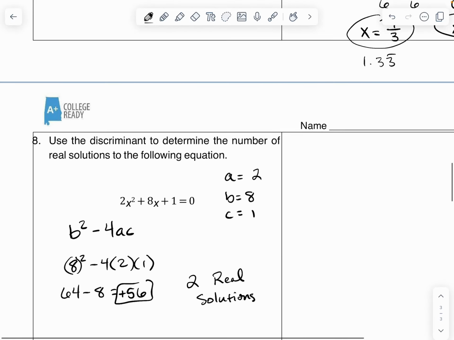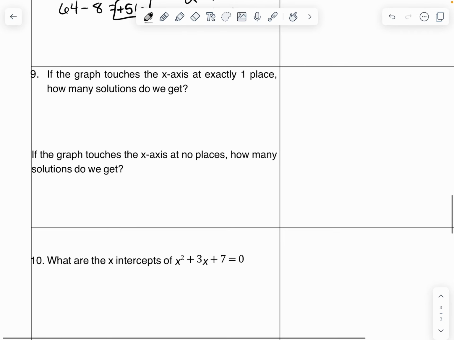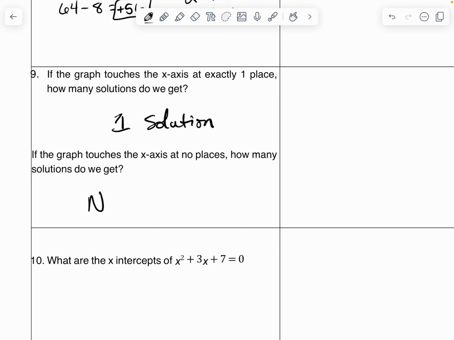So number 9 is really what we've already talked about in number 1 and number 2. So if we touch the graph at one place, there is one solution. And if the graph does not touch the x-axis, then there are no real solutions.